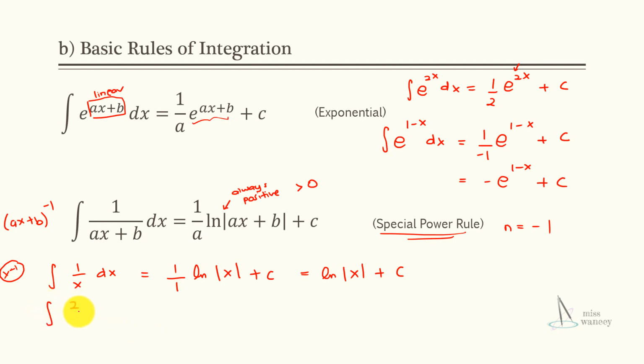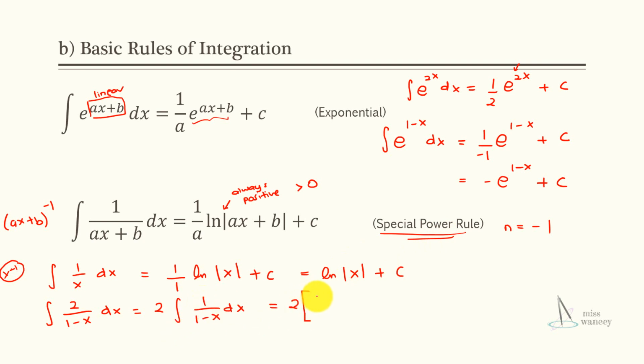If let's say I give you 2 over 1 minus x dx, firstly, you have some constant here, bring out the constant 2, and then integrate 1 over 1 minus x dx. So 1 over 1 minus x, if you bring them up, the power is -1. So that is why we are using some special power rule. So we copy down the constant.